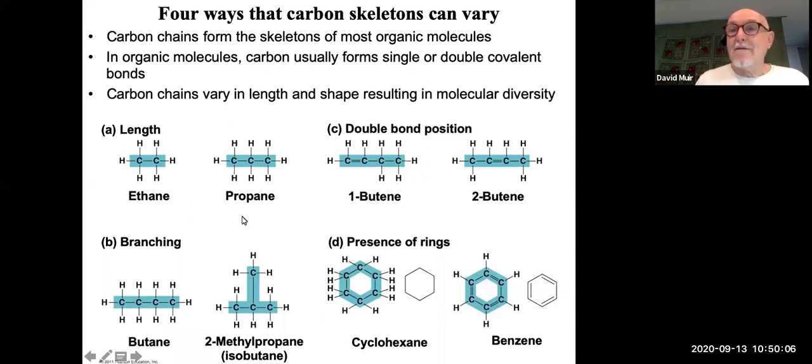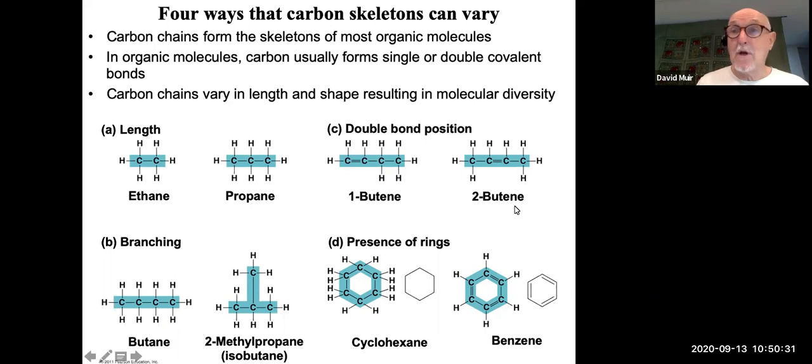They can vary by length. They can put in double bonds, which causes the skeleton to be bent in space, not only in one direction, by the way, but also in 3 dimensions. We can put branchings into the skeleton, and we can also construct rings out of the skeleton. So those are the 4 major ways in which the carbon skeleton can be manipulated.